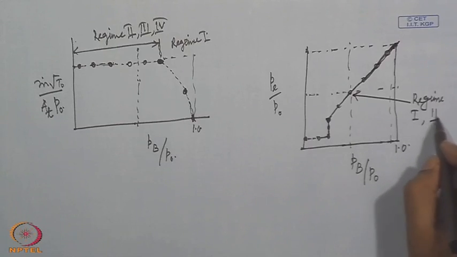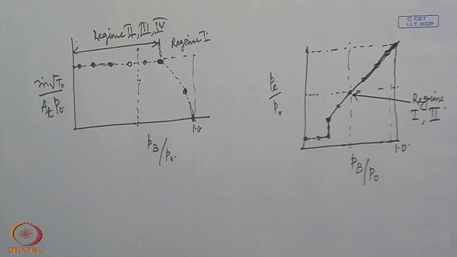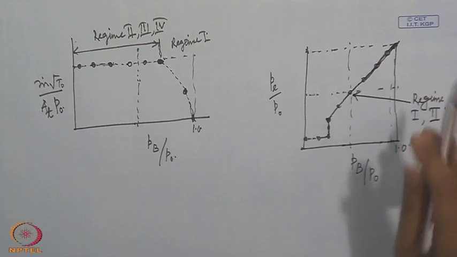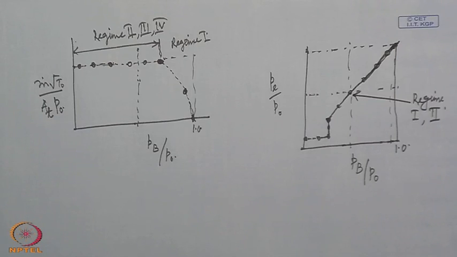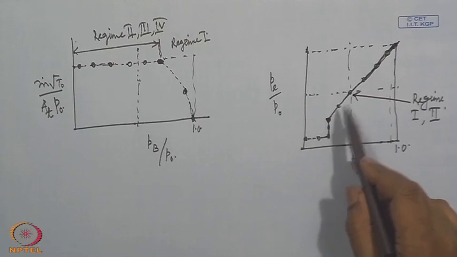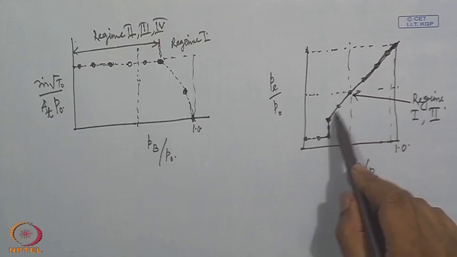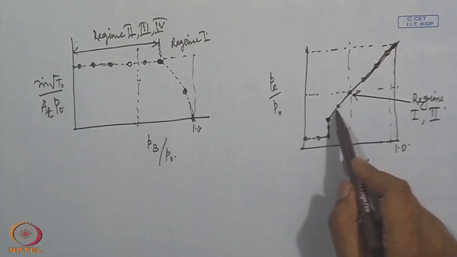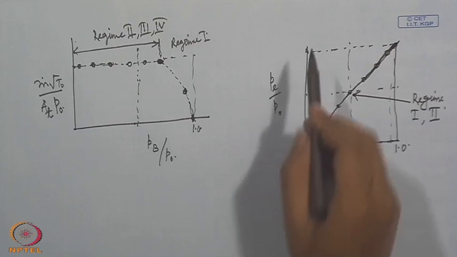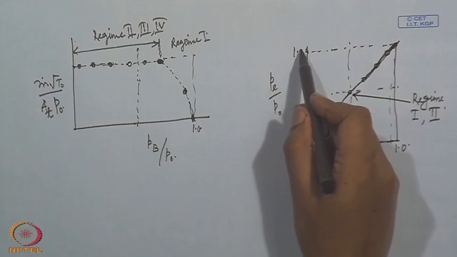In flow regime 1 and 2, the entire nozzle is subsonic or part of the diverging part is supersonic. However, at the exit the flow is subsonic and the pressure is the same as P b, P equal to P b.